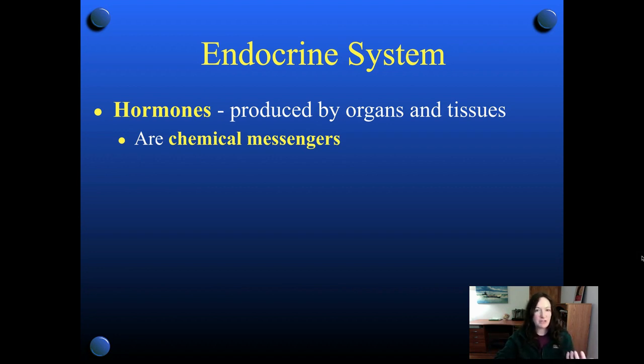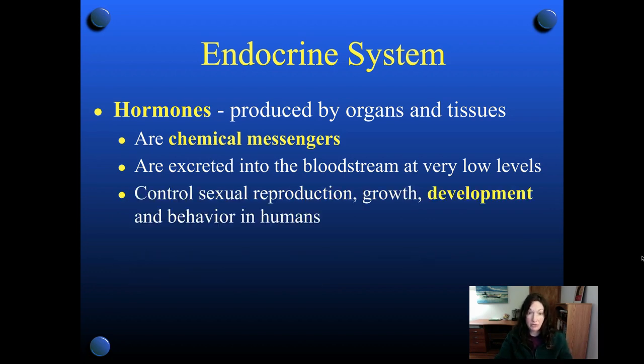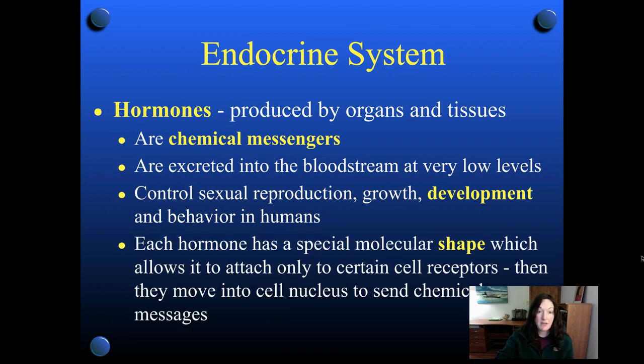They are put into the bloodstream at very low levels, and they control things like sexual reproduction, growth, development, and even our behavior is affected by the hormones that we have. Each hormone has a specific shape, which allows it to attach to certain cell receptors. That's the chemical messaging part of it, and it helps to keep cells in communication with one another.